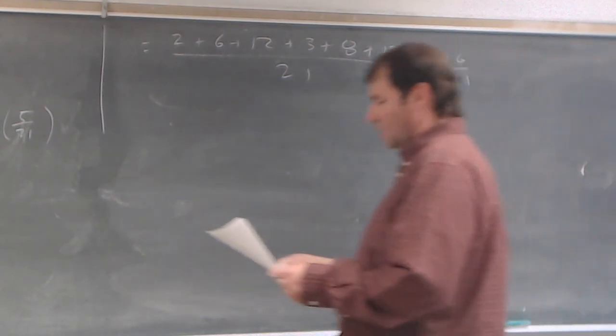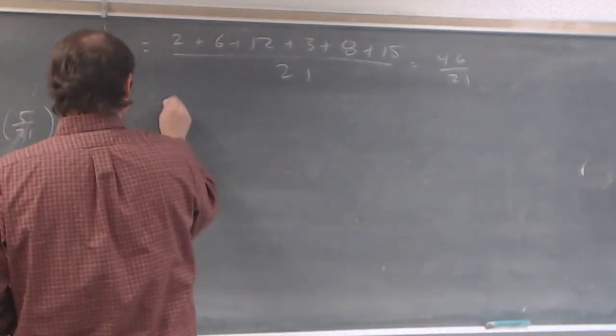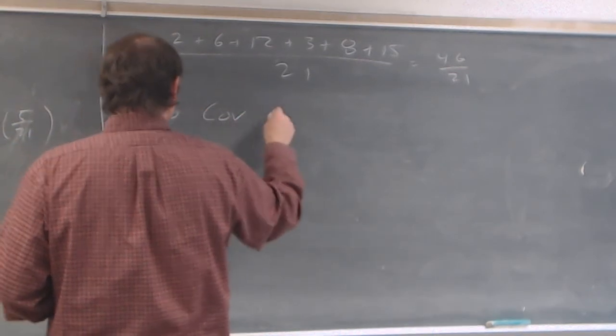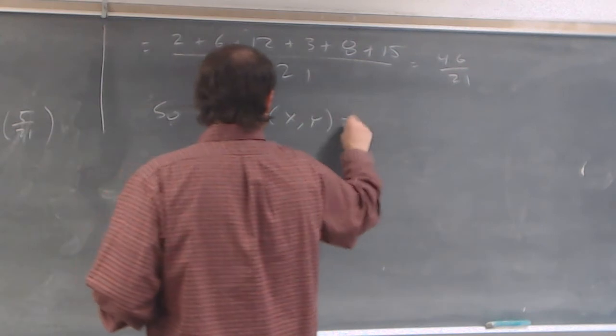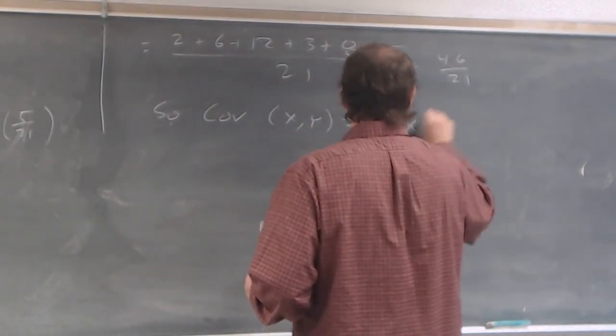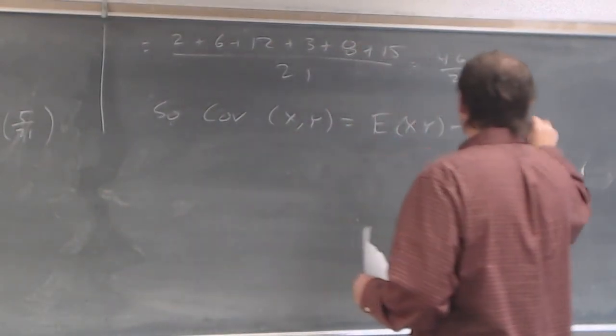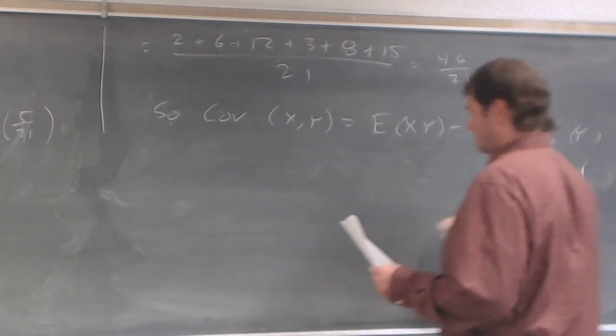And so here, the covariance of x and y in this case is equal to the expected value of x times y minus the expected value of x times the expected value of y.